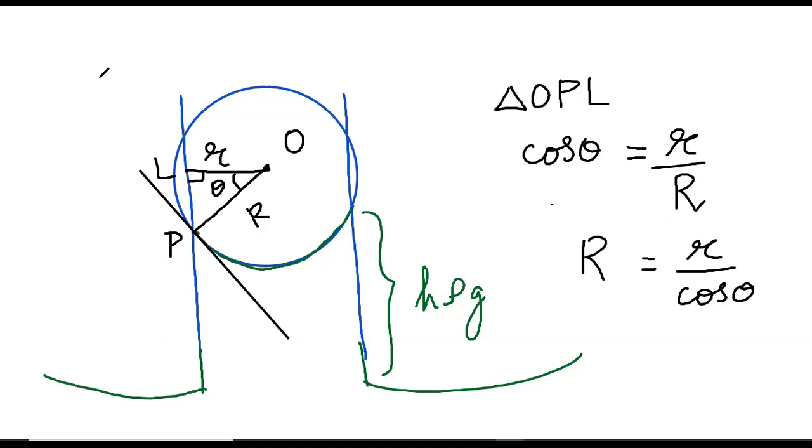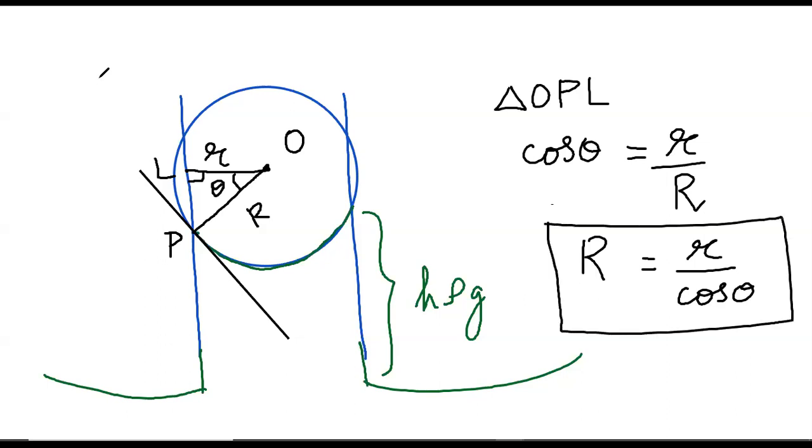And for a given liquid, the angle of contact with the particular material is a constant, given some standard conditions of temperature and the purity of the liquid. So what have we derived now? We have reached capital R equal to r by cos theta.